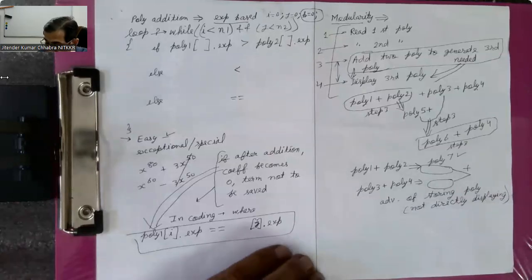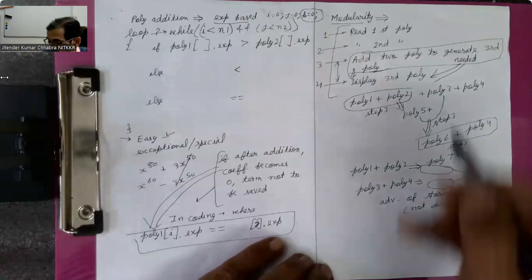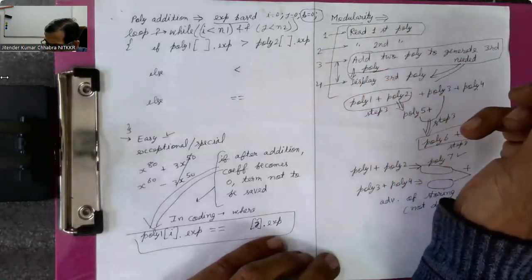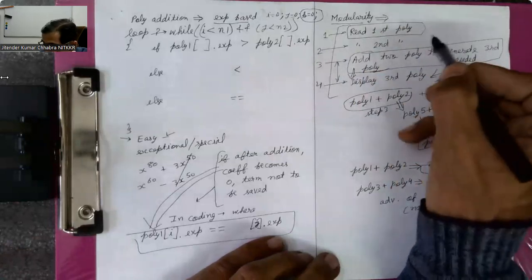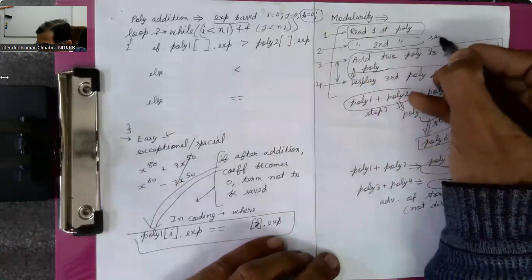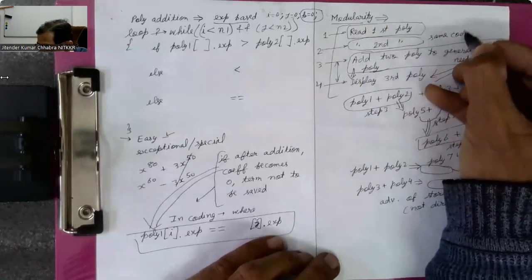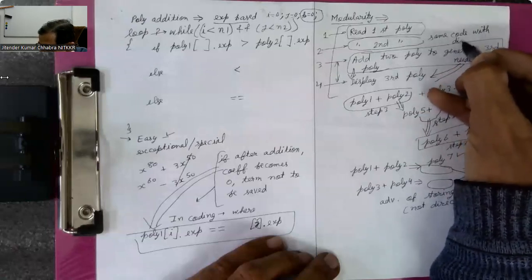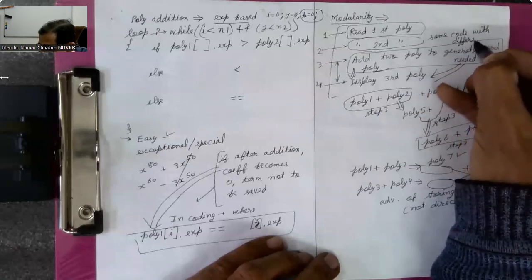So now, understanding how I should make a module. Reading one polynomial takes a certain number of lines of code, 4, 5, 6, but almost the same code, just with different variables, is to be done here, and I would have to rewrite that.